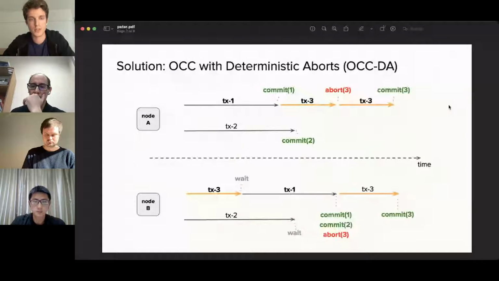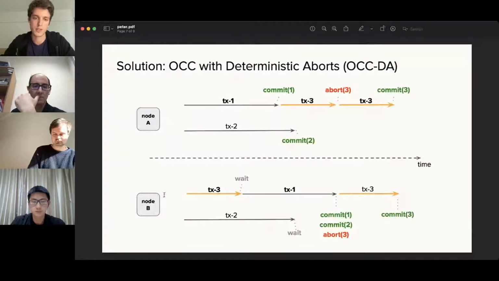We propose to solve this by a new scheduling algorithm called optimistic concurrency control with deterministic aborts, or OCCDA for short. And the idea is very simple. On node A, transaction 3 could be committed because it sees all the updates, but we forcibly abort it and re-execute it. Furthermore, this abort will be made prior to the execution of the transactions so that it can be done uniformly across all the nodes.